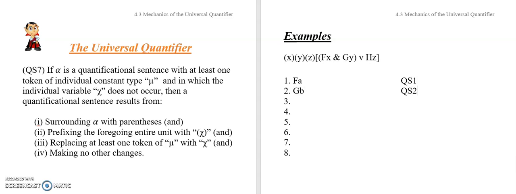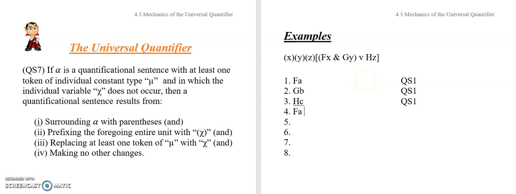All right, and then I'm going to have HC, which is going to also be QS1. Okay, and so now I've got these three on the board, and what I want to do is start slowly building this thing up and then attaching my universal quantifiers. So first thing I'm going to do is build these together.